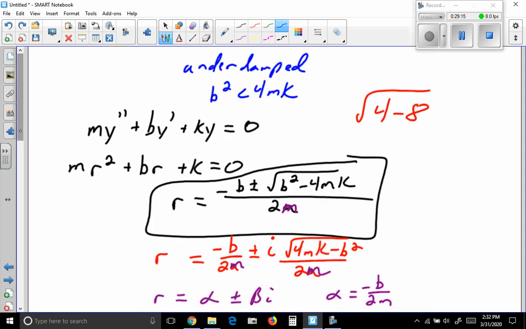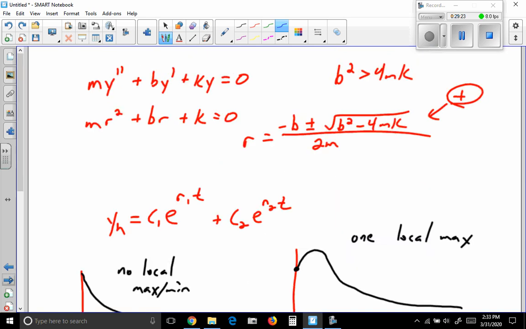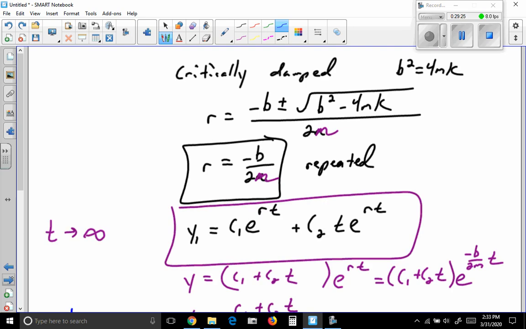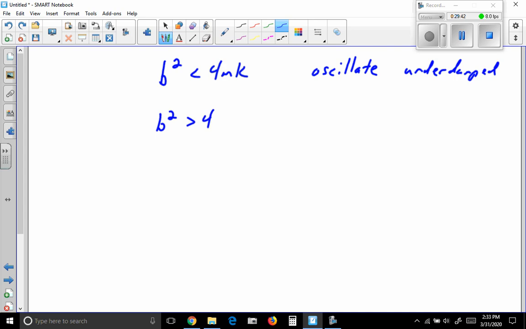Even in the underdamped case, our amplitude eventually goes to 0, but the difference is we have oscillation there. If b squared is less than 4mk, we oscillate. That's underdamped. If b squared is more than 4mk, there is no oscillation, so that's overdamped.